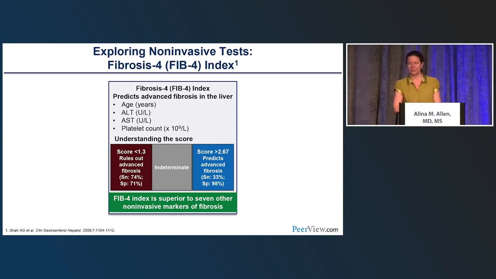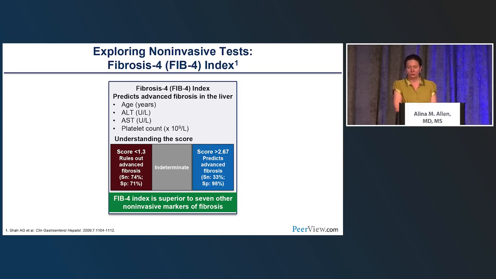We'll go a bit more into detail on the FIB-4 index, or Fibrosis-4, which was designed to predict advanced fibrosis in the liver, initially in hepatitis C co-occurring with HIV, but subsequently validated in MASLD. This score includes 4 components: age, ALT, AST, and platelet count. And the cutoffs that I mentioned earlier, and we need to remember, are 2.